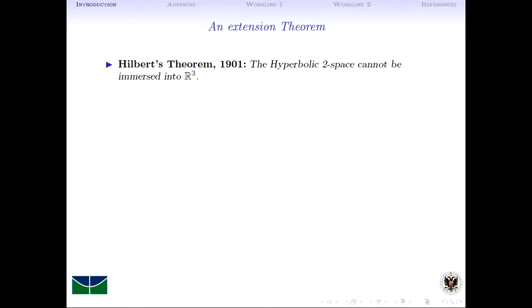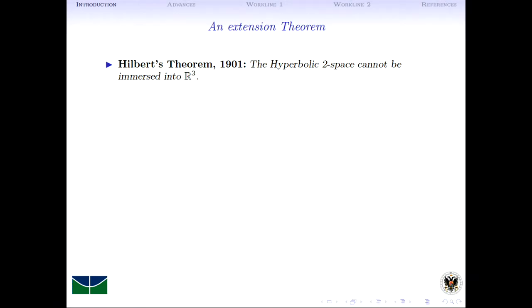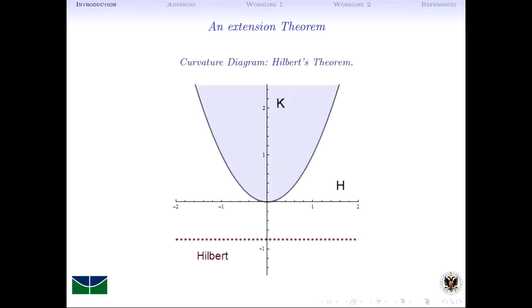And a little more, because constant negative curvature surfaces in R3 are isometric to a portion of the hyperbolic plane, and then it's not possible to extend this kind of surface to infinity without the appearance of singularities. It cannot be done smoothly.